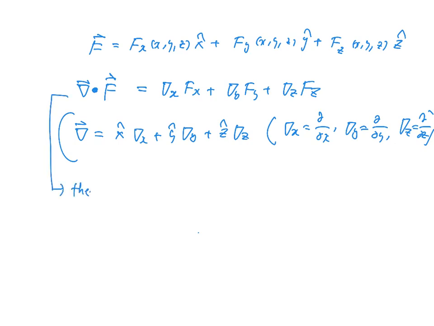Then del dot F is partial Fx over partial x, plus partial Fy over partial y, plus partial Fz over partial z.